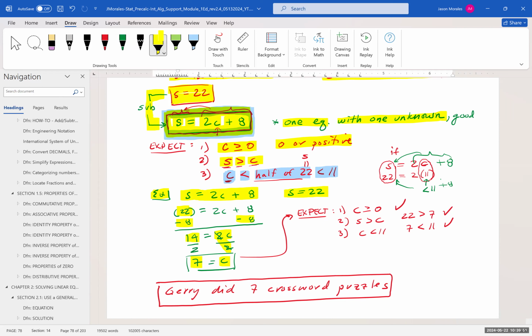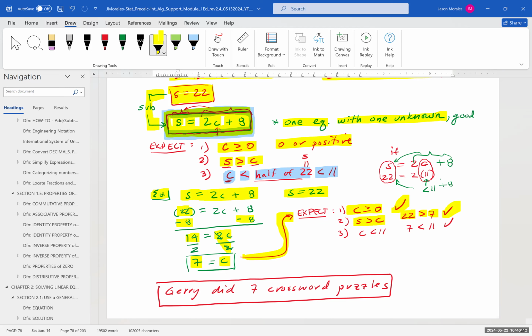Now we can check our answer for c against our expectations. Is c a positive number? It is. Is the number of Sudoku puzzles greater than the number of crossword puzzles? Well, is 22 greater than 7? It is.